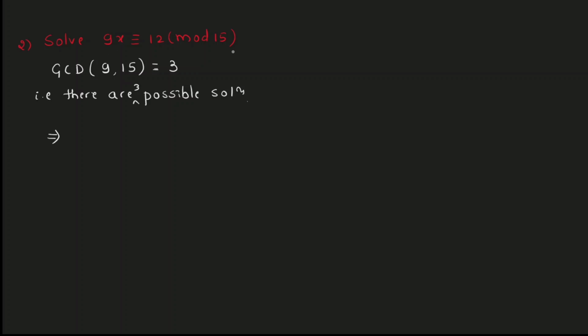We need to divide this by d. When you divide the congruence by 3, what will we get? It is 3x congruent to 4 mod 5.